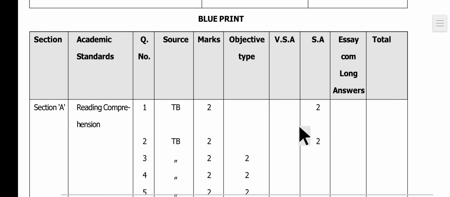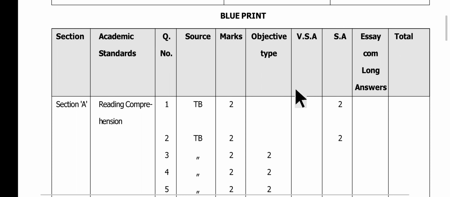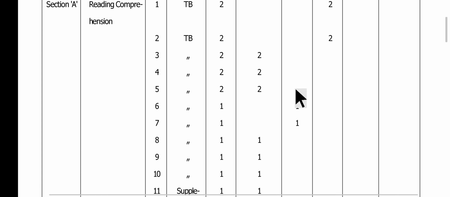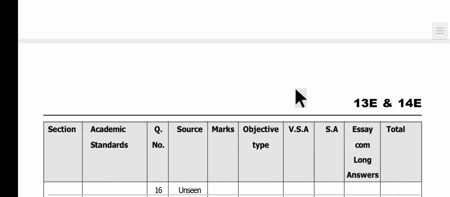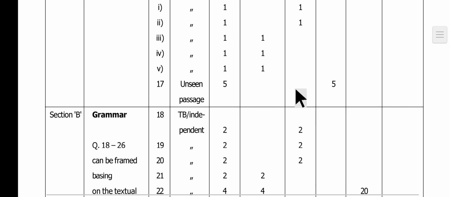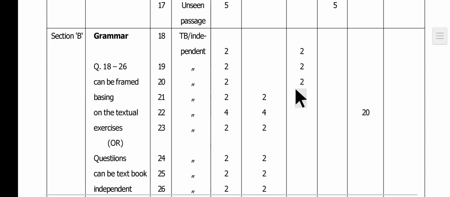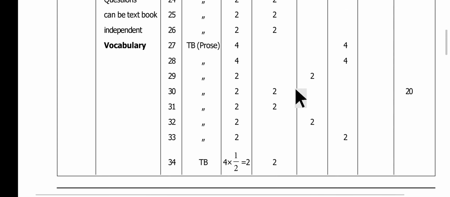The source means the type of content that is used for preparation of questions. Then marks allotted, types of question, whether it is very short answer or essay, like this. So look at the table in detail and understand the blueprint of the English subject. Now look at the table clearly and you can understand the details of the question paper easily.